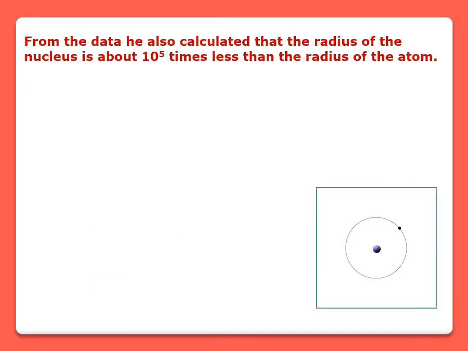Right? So, from his observations and the data he got after his experiment, he calculated that the radius of the nucleus is about 10 to the power 5 times less than the radius of the atom. Okay, so the nucleus is very small inside the atom.